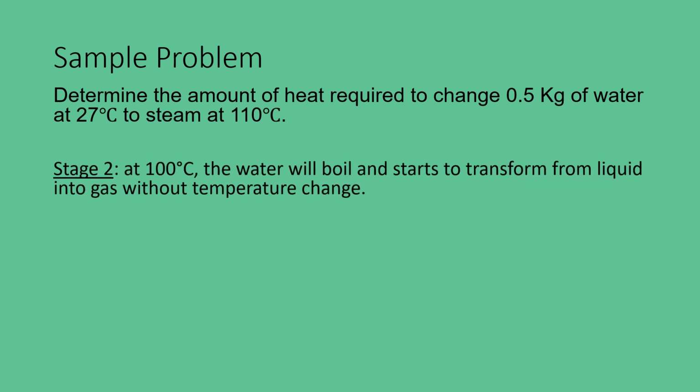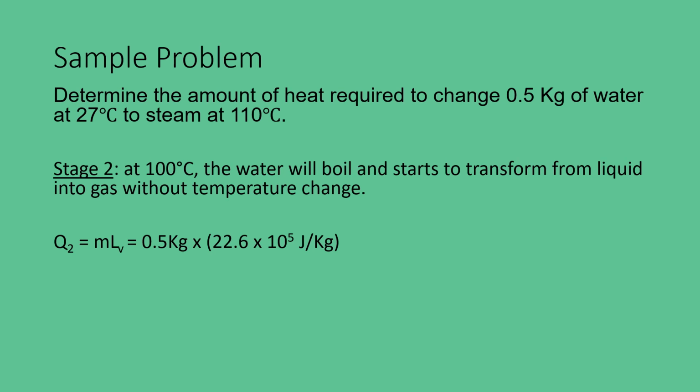At stage 2, at 100 degrees Celsius, the water will boil and start to transform from liquid into gas without temperature change. So that means our formula for Q2 will be mass times the latent heat of vaporization, because water will start to transform from liquid to gas.